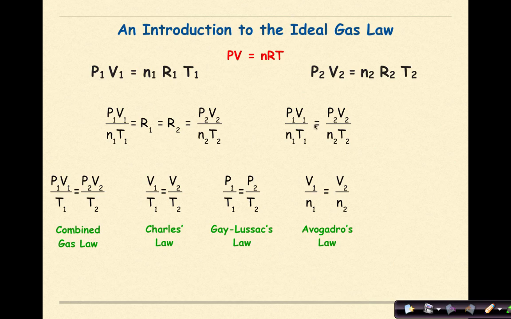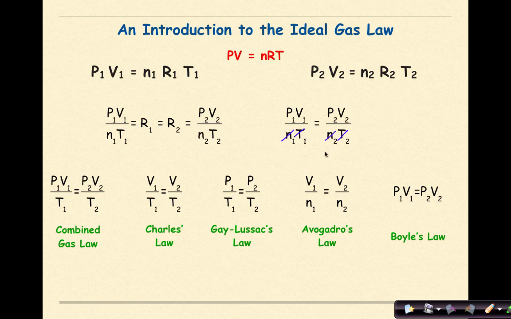Finally, what if we had a situation where the number of moles of gas is held constant and the temperature is also held constant? In that situation, we'd have something very familiar, which is P1 V1 is equal to P2 V2, and that would give us Boyle's law, looking at the inverse relationship between pressure and volume.